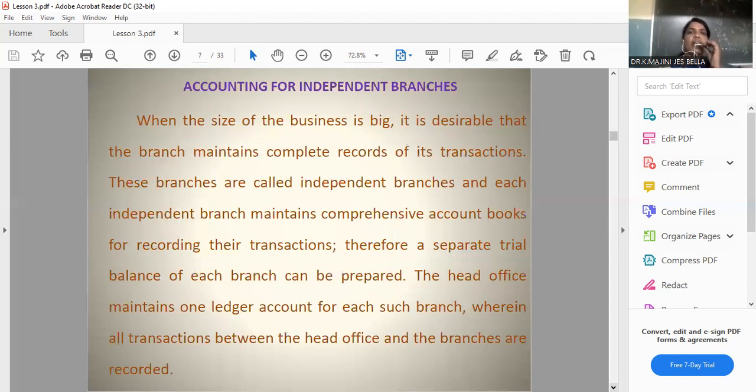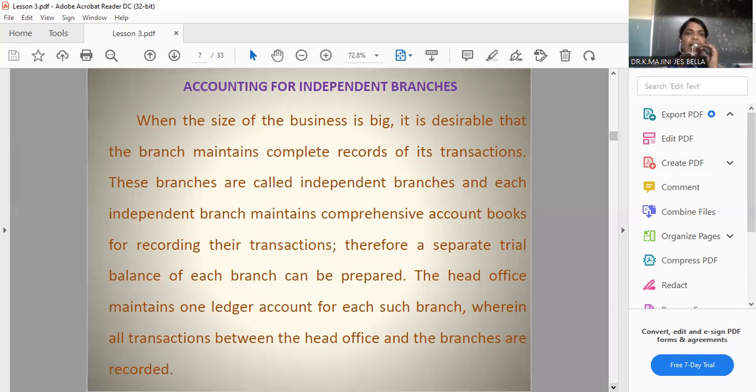Next, we can see the accounting for independent branches. It depends on the size of the organization. When the size of the business is big, it is desirable that the branch maintains the complete records of its transactions in its own branch. These branches are called independent branches, and each independent branch maintains comprehensive account books for recording its transactions.